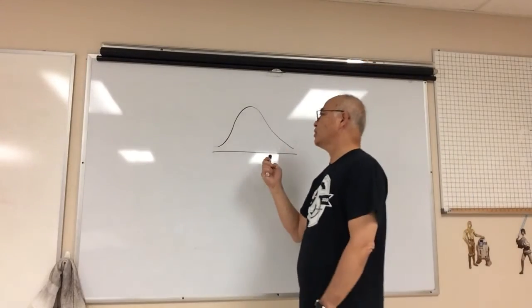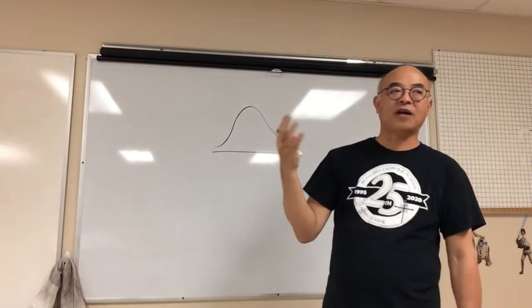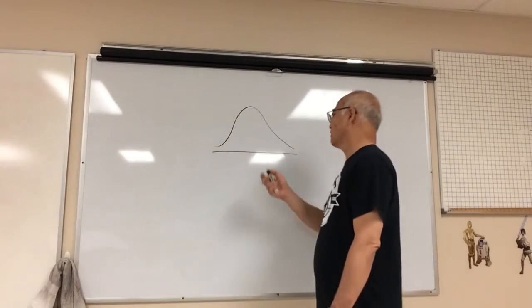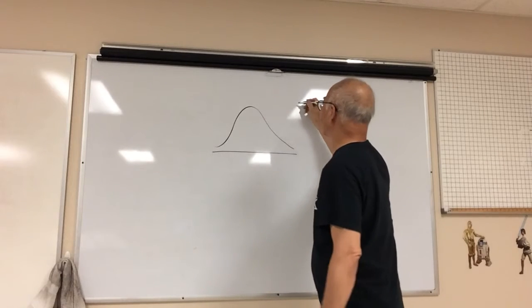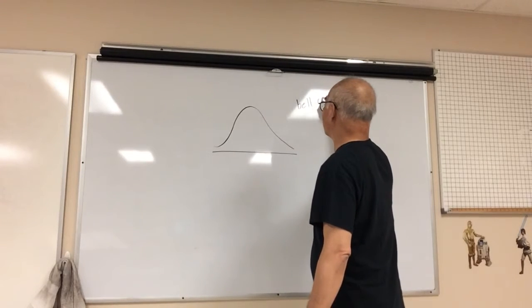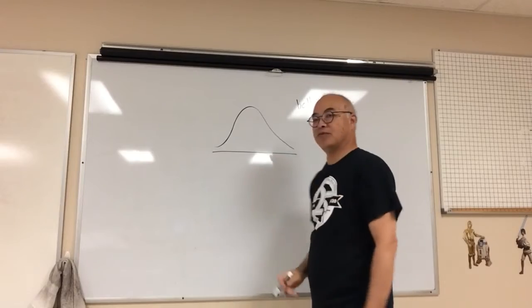The reason being is because there is so much research done about the normal distribution. This is commonly referred to as the, I'm sure you've heard this term before, the bell curve. Okay, this is the bell curve.